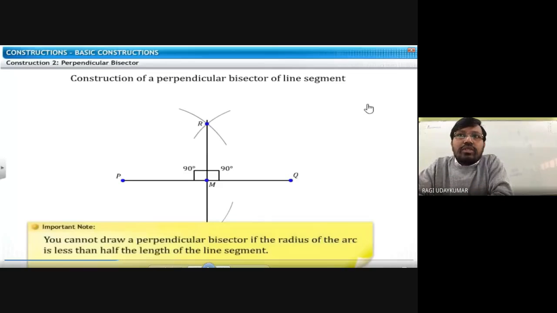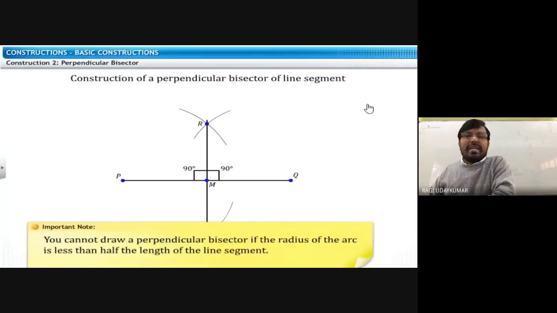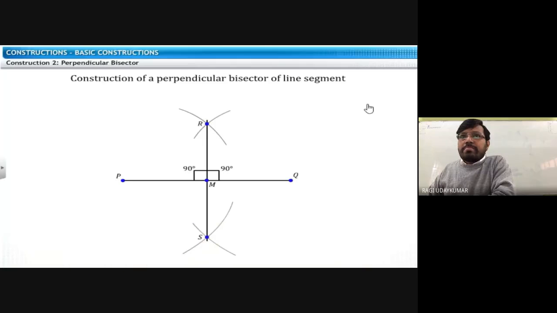So whenever you are taking these two into consideration, you cannot draw the perpendicular bisector. Okay, so this is perpendicular होगा and bisector होगा.